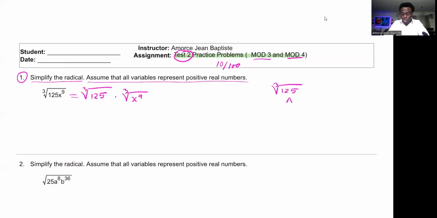3 doesn't go, because when you do 1 plus 3 plus 5, we add the digits of this number. It doesn't add to a number that is a multiple of 3. That's how you check for whether a number is a multiple of 3 or not. You add the digits.